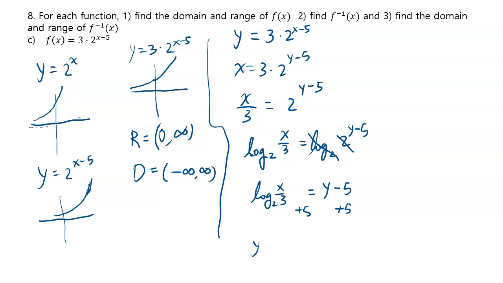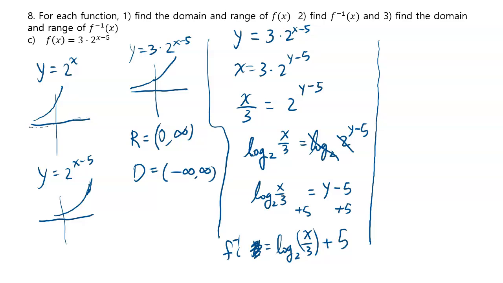And then you get y equals log base 2 of x over 3 plus 5. Okay? And then this is your inverse function. So let me just scratch this out and say this is an inverse function.